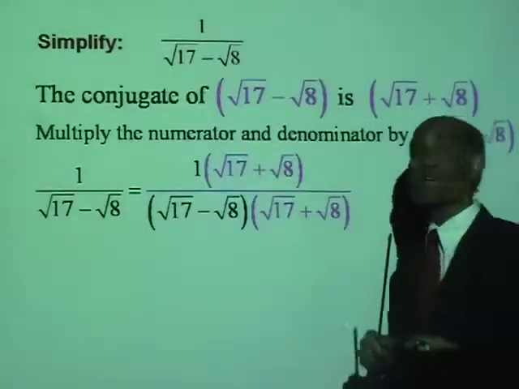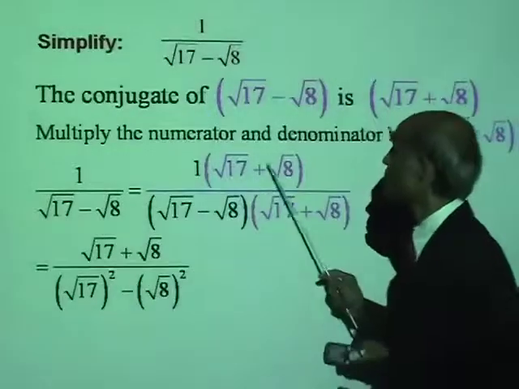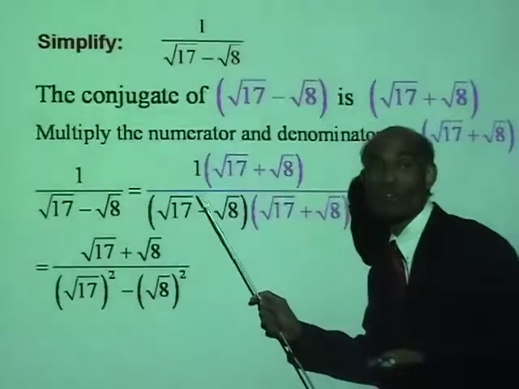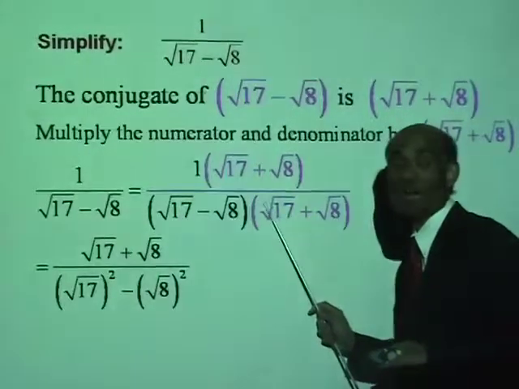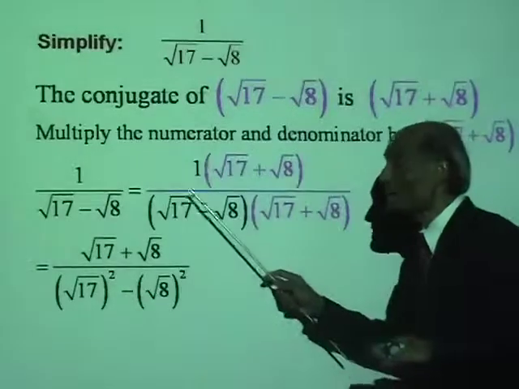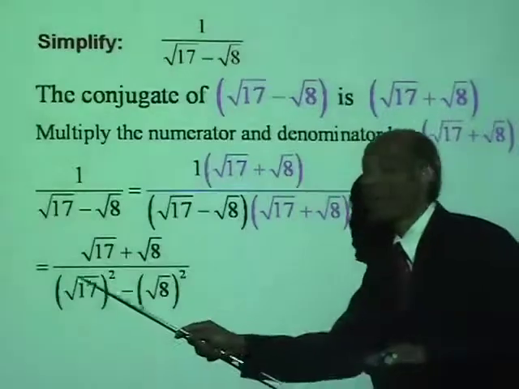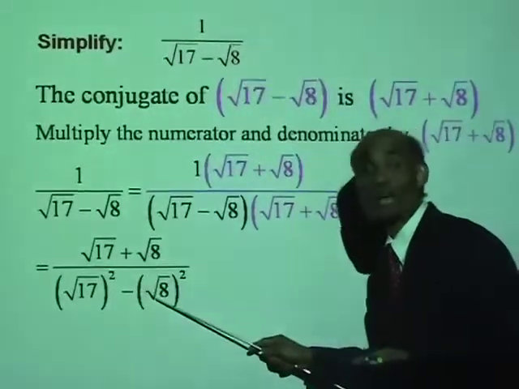The numerator will remain as it is, square root 17 plus square root 8, and the denominator is, watch again, a minus b times a plus b is a squared minus b squared, which is square root 17 squared minus square root 8 squared.